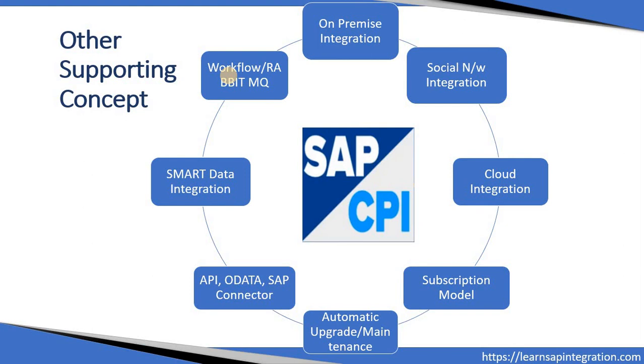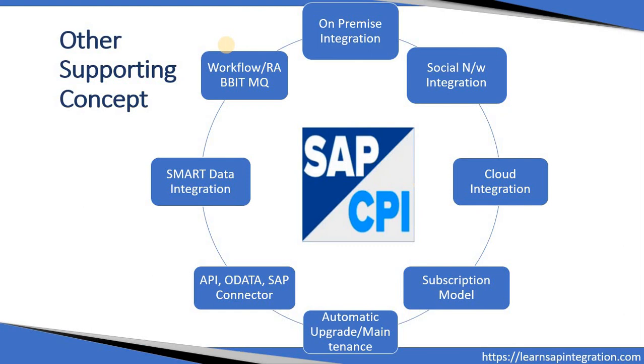Okay guys, just to recap, we have checked the difference between PI, PO and CPI. PI and PO are on-premise integration tools given by SAP, but CPI is the integration tool given by SAP on the cloud.